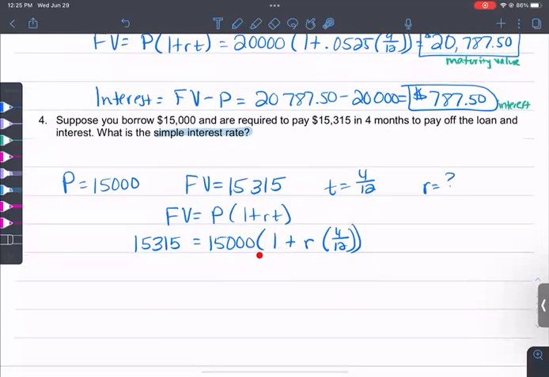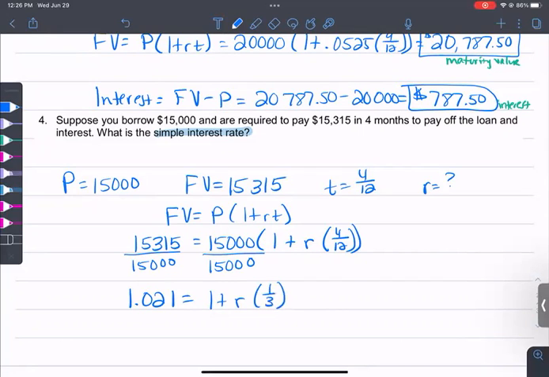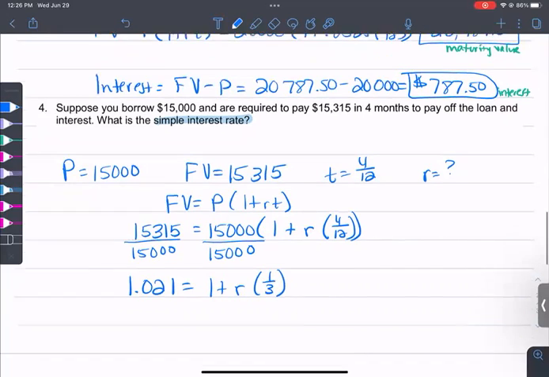So with the parentheses, I could choose to distribute that value. But since I'm solving for R and R is inside of our parentheses, I'm actually going to divide by the 15,000 up front first. So that gives me 1.021 equals 1 plus R times 1/3, simplifying that fraction of 4/12.